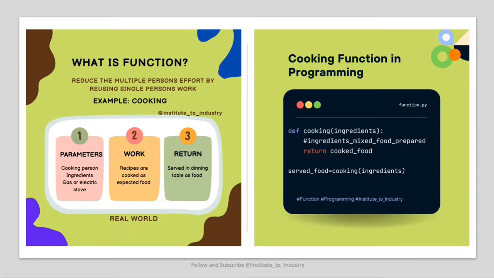And what food recipe we want, that is also a parameter. If we pass these three things, then the work is to prepare those items. Any one person can do that work, and then the food is prepared and served onto our plate. So this is how a function works in the real world.